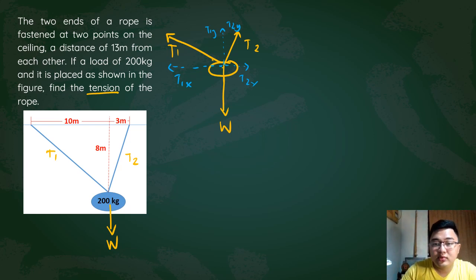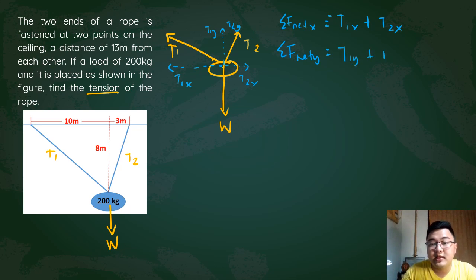We know that the total forces along x will be equal to, since these are opposite, T1x, which is negative because it's directed towards the left, plus T2x. Now for the total forces along y, you can see here, positive T1y plus positive T2y minus weight.